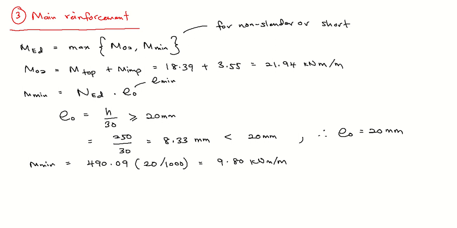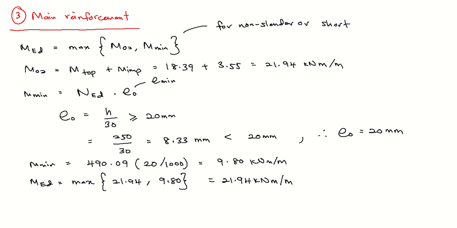So we can see here the MED is the maximum in between 21.94 and also 9.80. So it's equal to 21.94 kilonewton meter per meter.